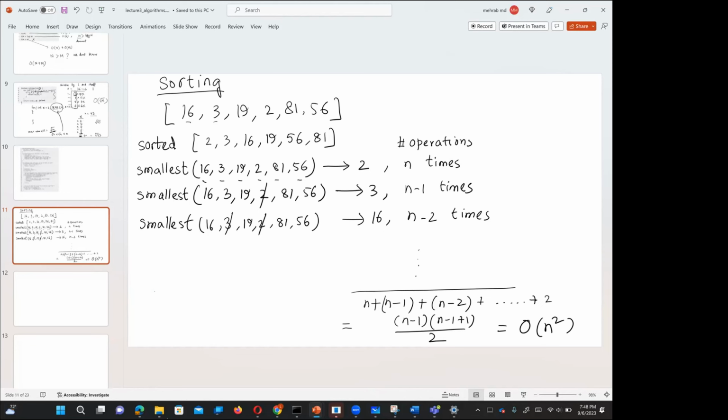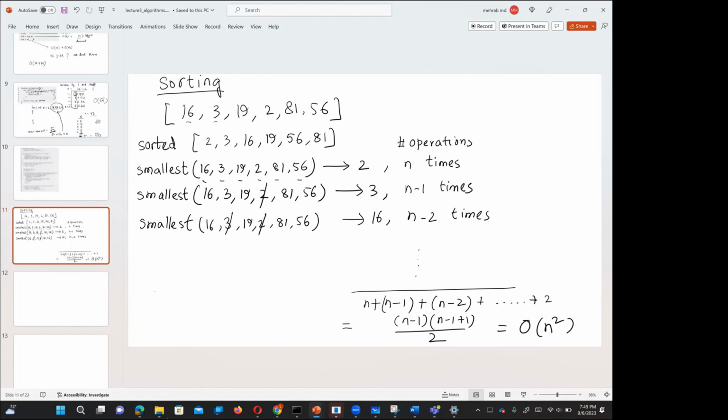So we found the most naive way of sorting, which anyone can do. You ask someone to sort it, and his brain will work like this. He will try to find the smallest element, then the second smallest element, and basically his thinking process is also some kind of algorithm.